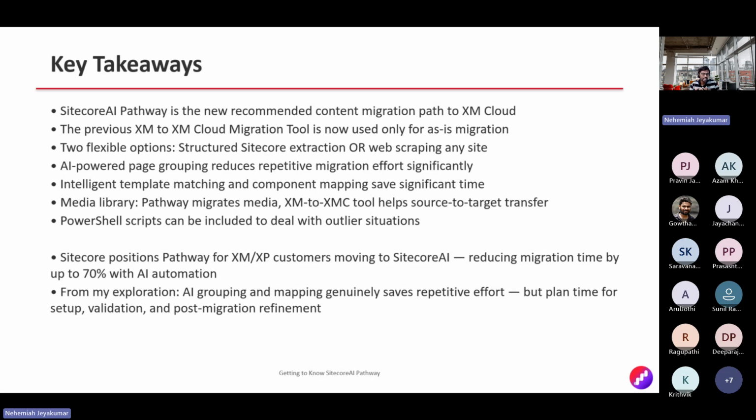Instead of creating those pages manually, it was able to do that. But to be realistic, you have to plan, because a proper prerequisite setup should be there: what your target pages are, what the templates are, what the fields are, and what the field names are. Everything should be there, so some planning is needed before we actually do that work.